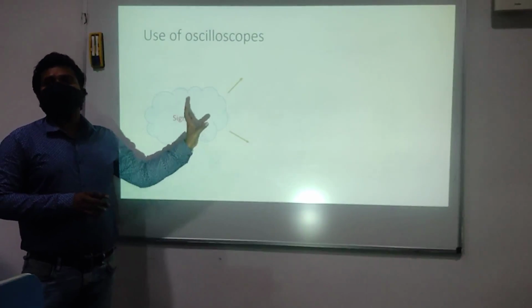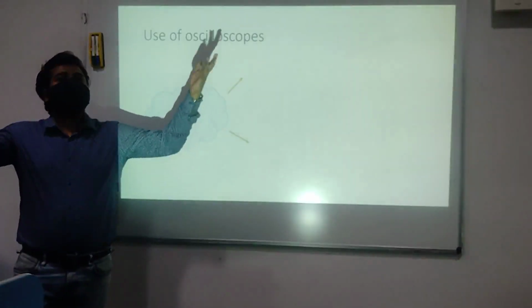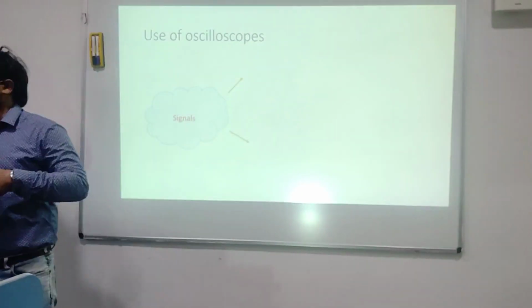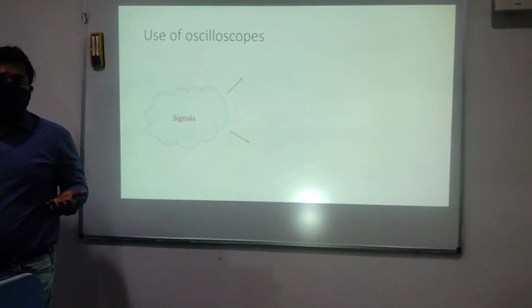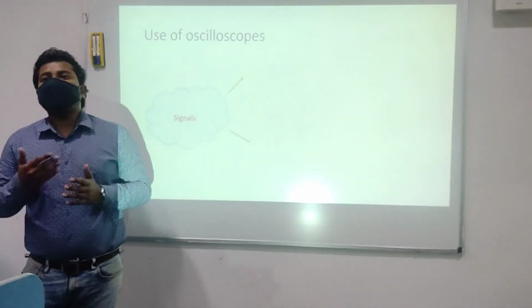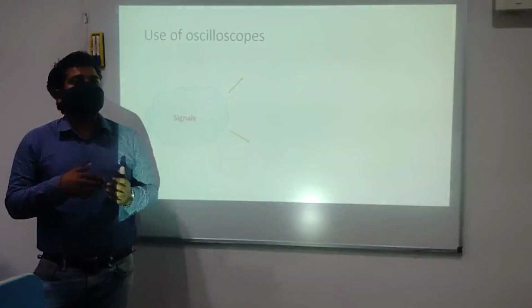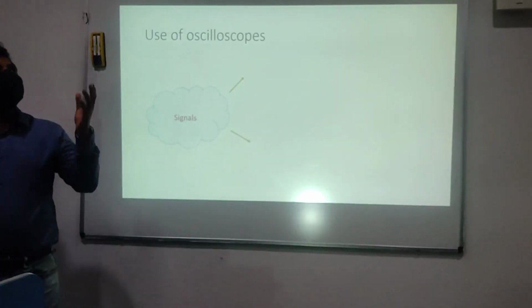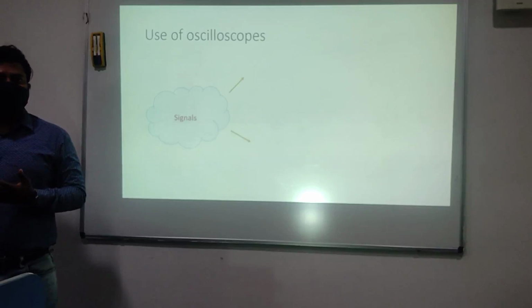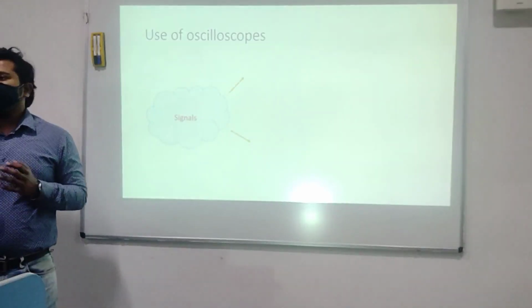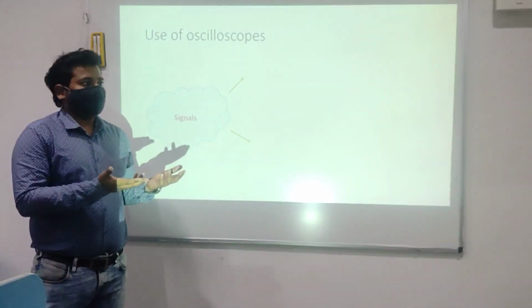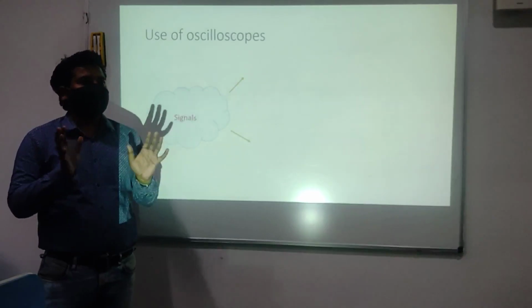And what are we going to do with these signals? I have some information, but I am unable to interpret it. How would I know what information this signal is providing me? For that I need to see the signal, I need to understand the signal, and for that I need to somehow visualize it, or it should be understandable to me.